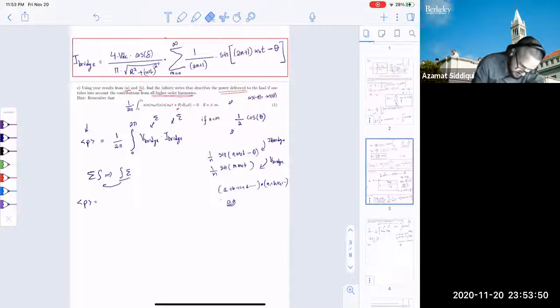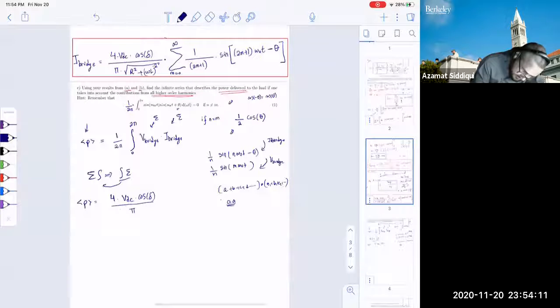Between V bridge and I bridge, 4BC is common, cosine of delta is common, and phi is common.